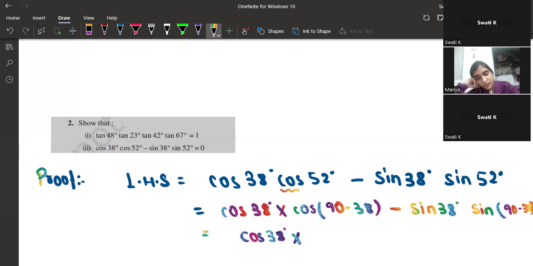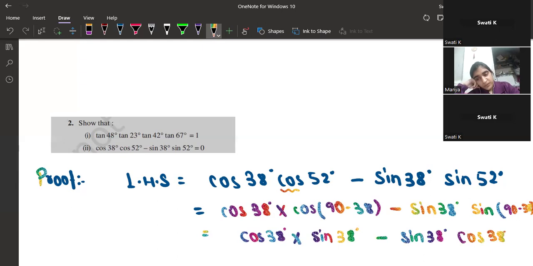Cos 90 minus theta is sin theta. Sin 38. Right, Manya? Understood? Yes. Okay, minus. This sin 38, keep it as it is. And then what is sin 90 minus theta? Cos theta. Yeah, cos theta, which is cos 38.